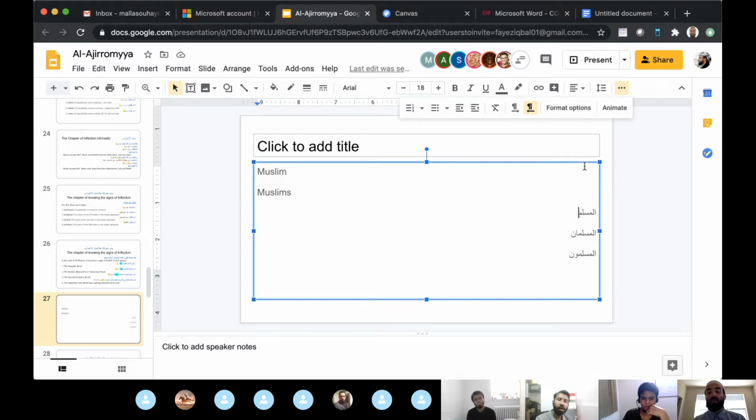Okay, and how did we change? What happened between these? We're talking about the inflection of rafa right now. Keep that in mind, because with nasab and khafad, the dual and the plural will change. But this is the inflection of rafa we're talking about. Let me put up rafa here.